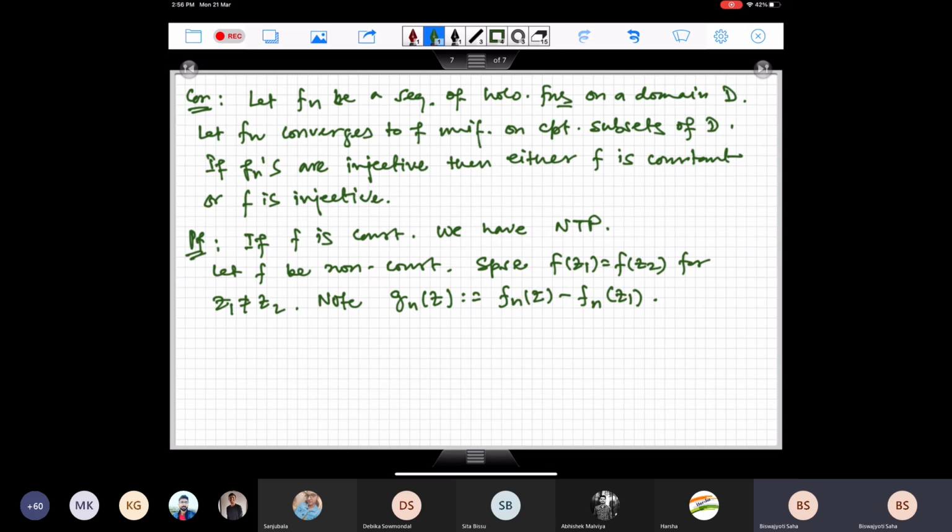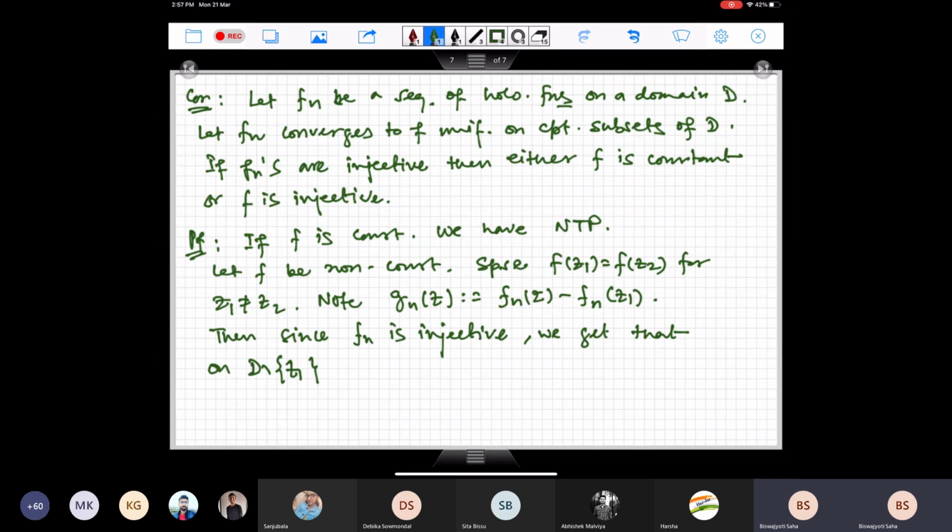So I take gn to be this, and then since fn is injective, we get that on D minus z1, so I am just removing one point from my open connected set. It's still going to remain open and connected. There will not be any problem.